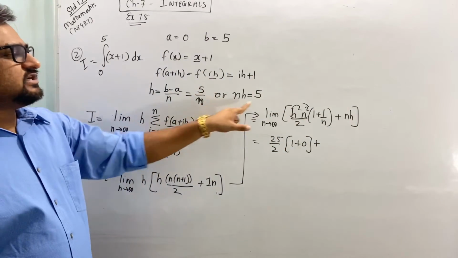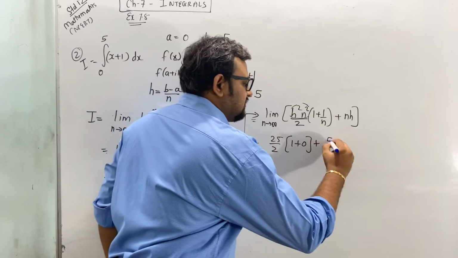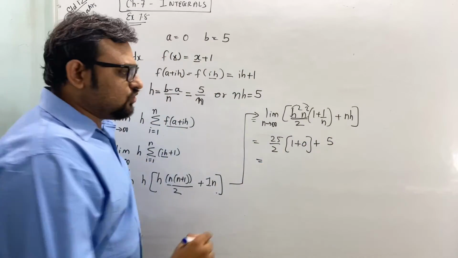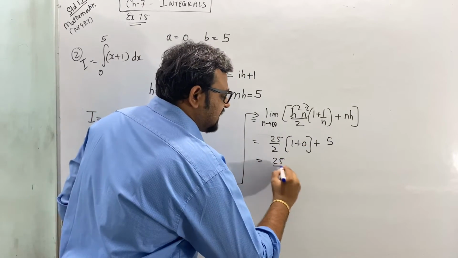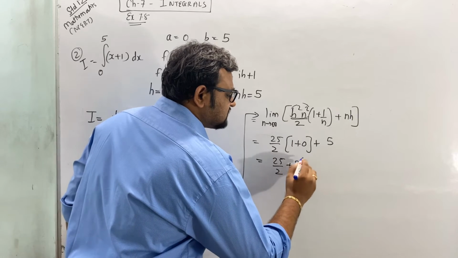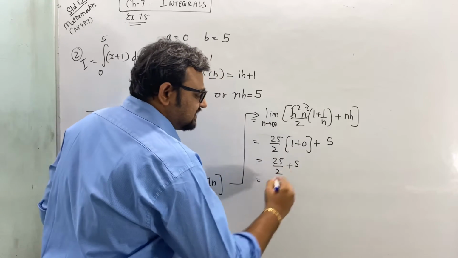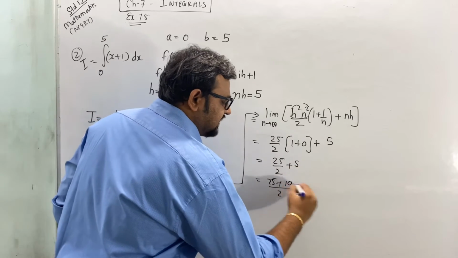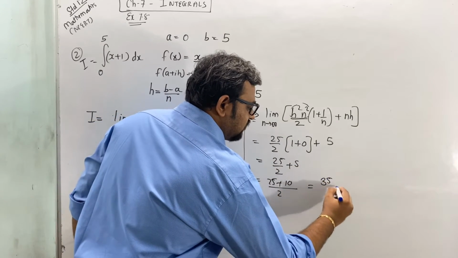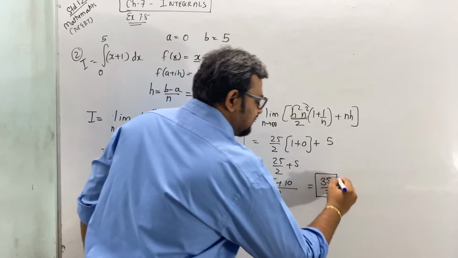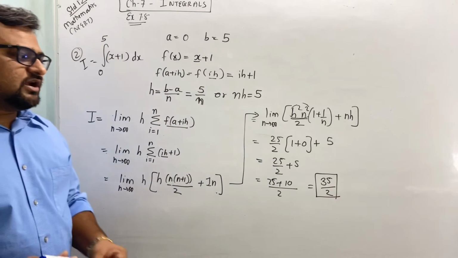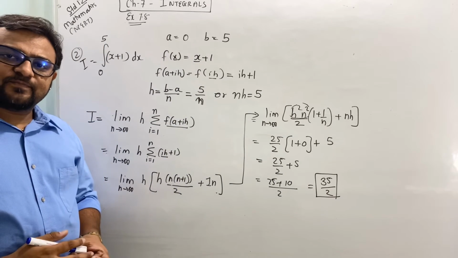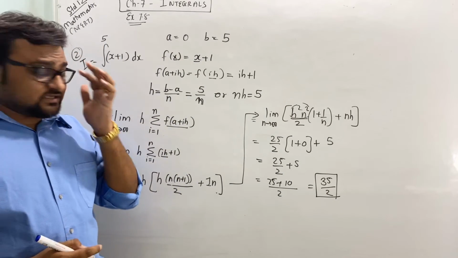What is nh? 5. So this will be equal to 25 by 2 plus 5. So LCM, 25 plus 5 is 10. So this will be equal to 35 by 2. Clear? Okay, it's just simple.